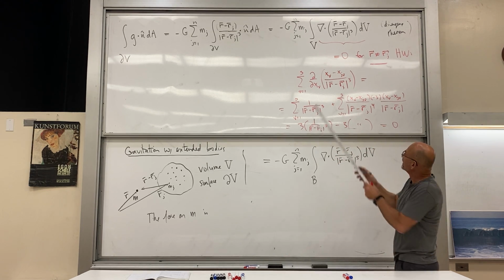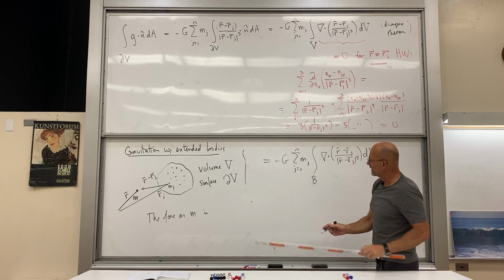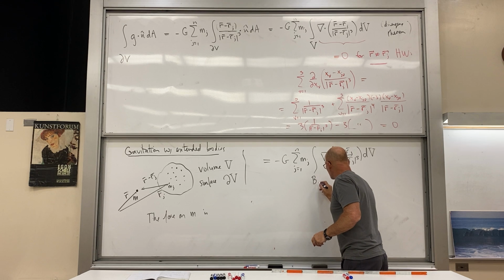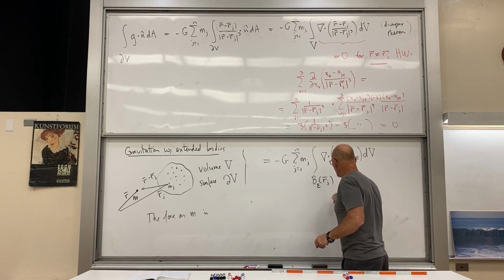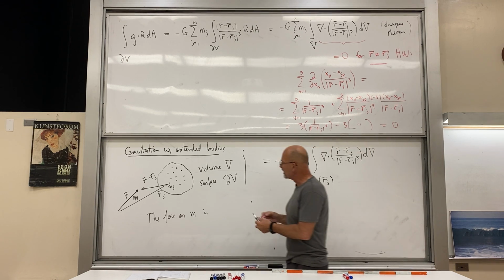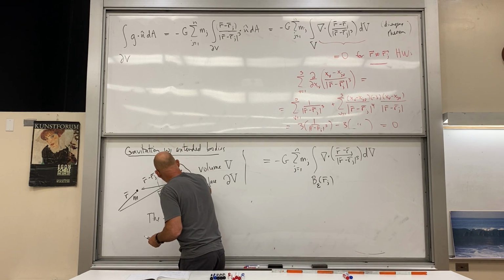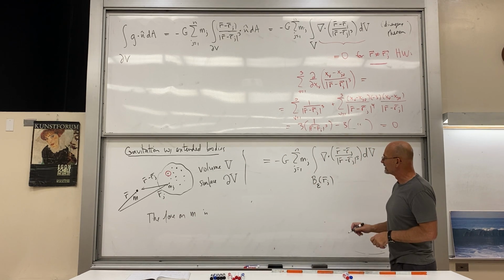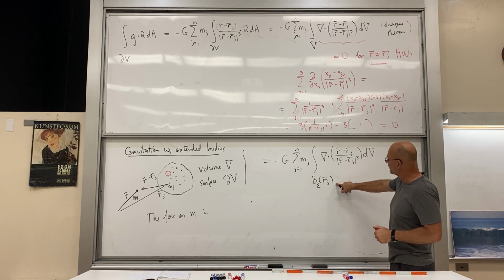Except I'm no longer integrating over this entire volume. It's 0 everywhere except at those points, so I'm going to call this B sub epsilon of r sub j. And that B sub epsilon of r sub j is just a little ball of radius epsilon, a little sphere, radius epsilon, around r sub j.